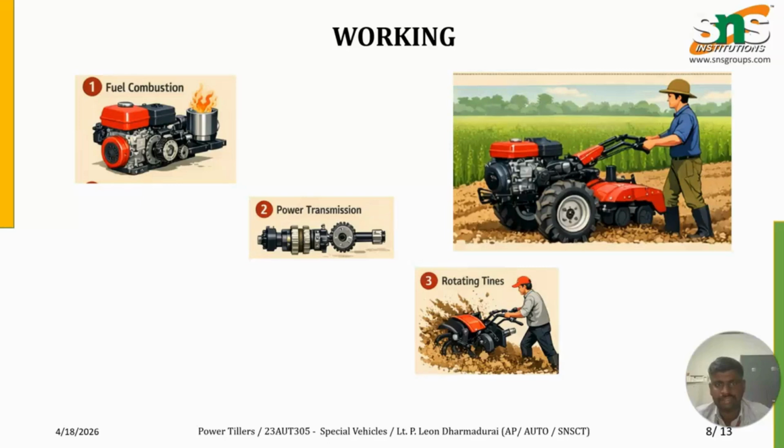Here it is quite different: there are two types of clutches, the main clutch and the steering clutch. With the help of the main clutch, the power is transmitted to the final unit, and the second divided power is sent to the attachment fixed on the power tiller.